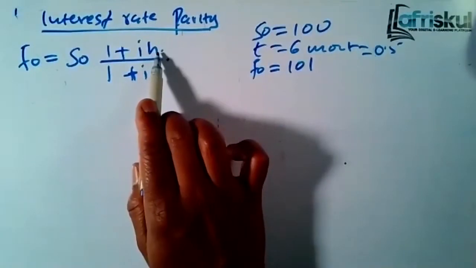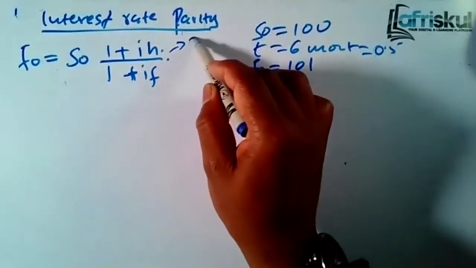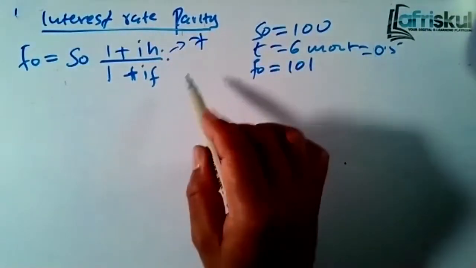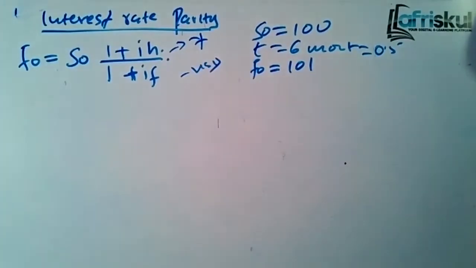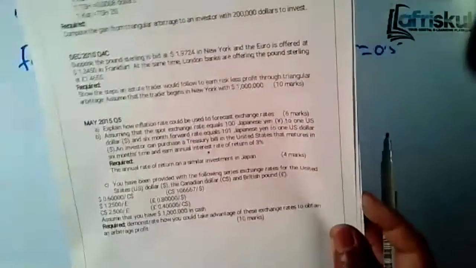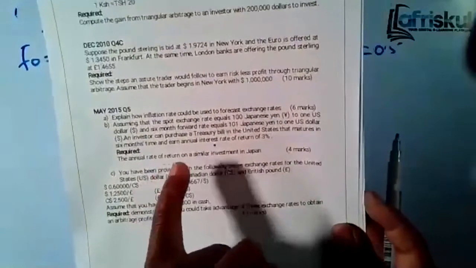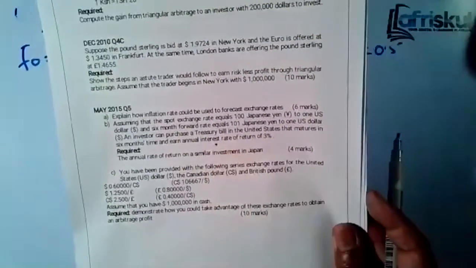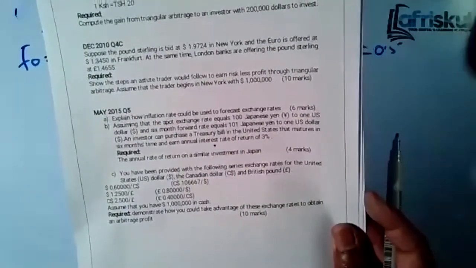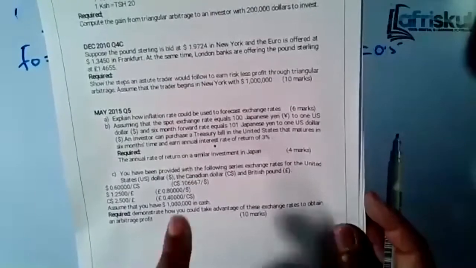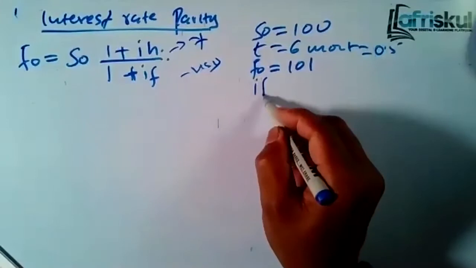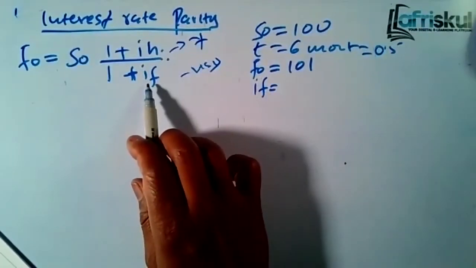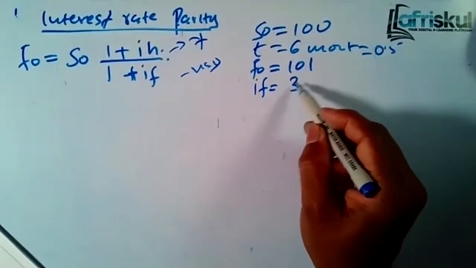So that means the home currency is Japan, you're using yen, and the foreign currency is the US dollar. That means the interest rate in the foreign currency is 3%.